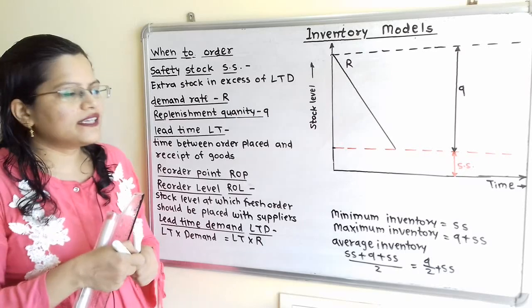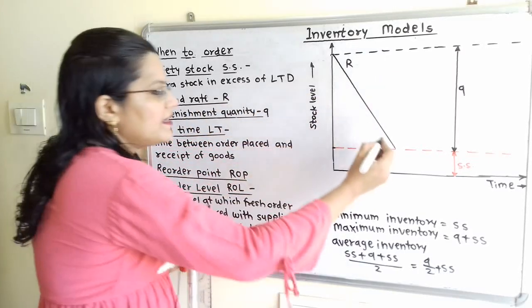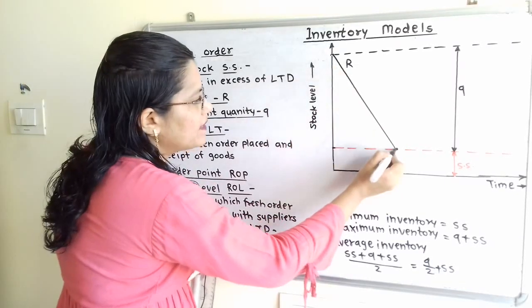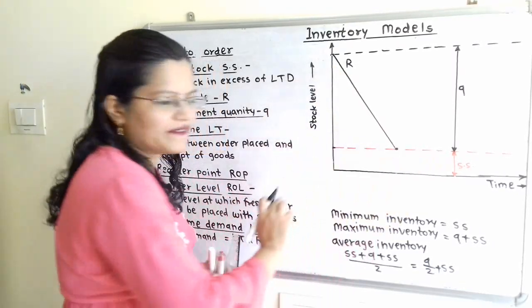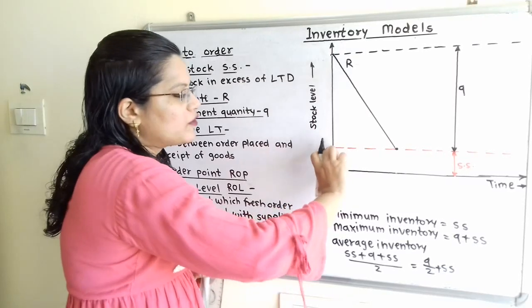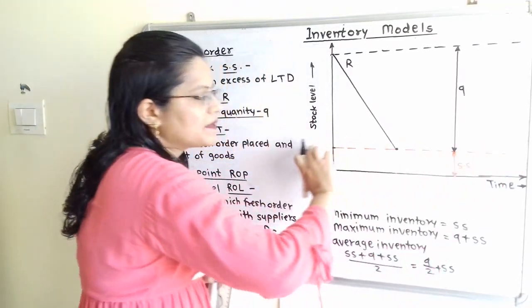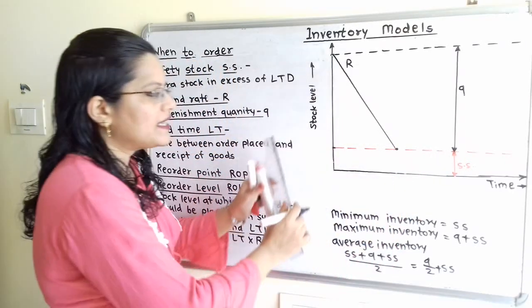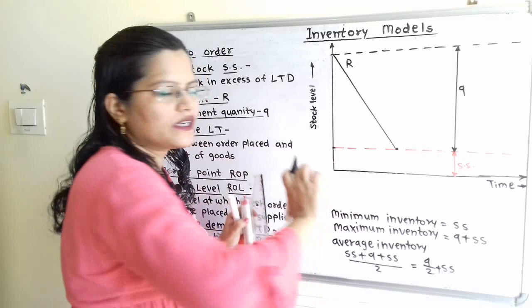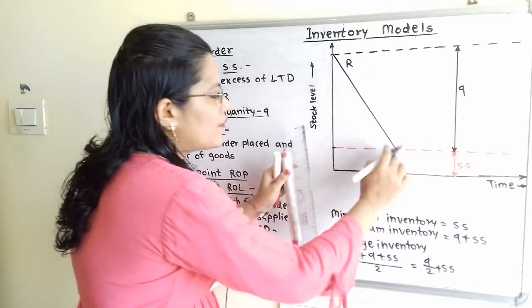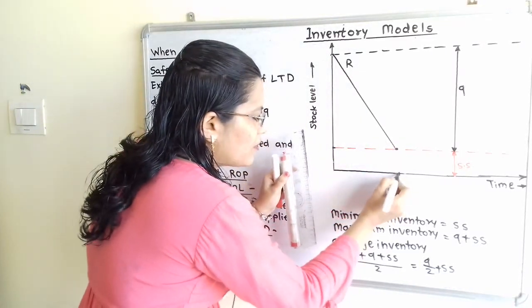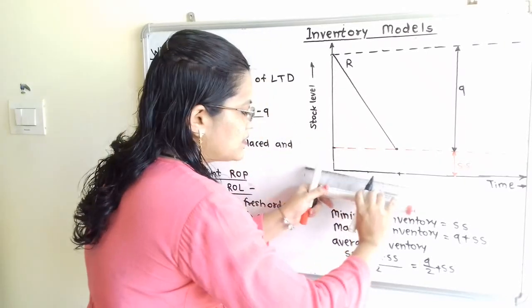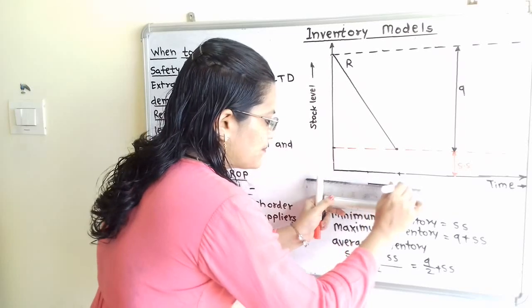It is required that we get the receipt of goods at this point, because at this point our stock level reaches the safety stock, and it is required that this safety stock always be maintained in this manner. So we have to show the lead time on the horizontal line, where we show time. We will show from this point, before this point there is some time. So we will consider this as the lead time LT.